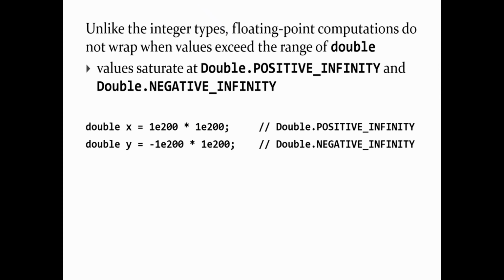That is, if you try to calculate a value that's bigger than the largest double value, then you end up with this value called double.positive infinity. So take two huge double positive values, multiply them together, you end up with positive infinity. If you take a large negative and a large positive value, multiply them together, you get double.negative infinity. So instead of wrapping around, it stops at the end, or saturates.